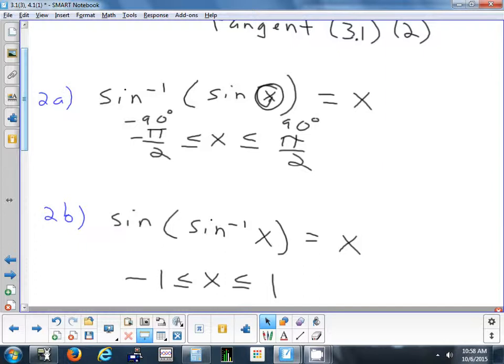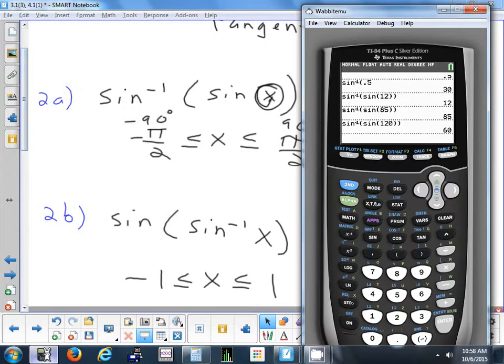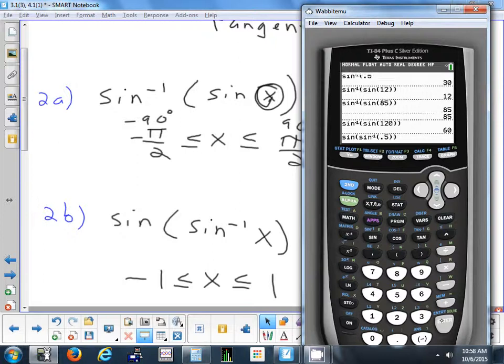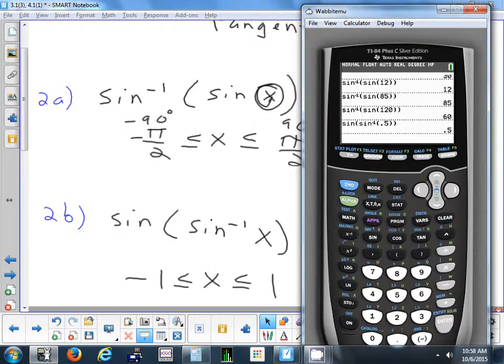Okay, let's try it. Let's try 0.5. Let's try the sine of the inverse sine of 0.5. When I hit enter, what should I get? 0.5. And I do. But this one's a little different.